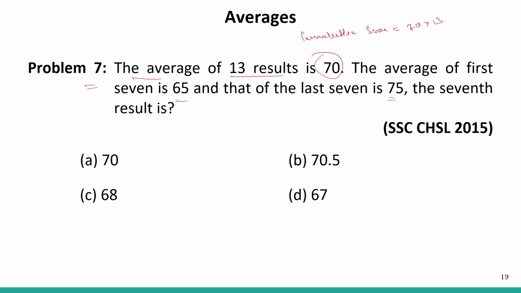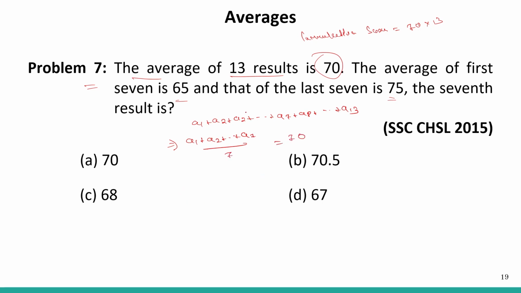So total number of, so first 7, let the terms be a1 plus a2 plus a3 plus up to a7, then plus a8 plus up to a13. This is how they are here. So this implies that given that a1 plus a2 plus up to a7 whole by 7 is equal to, given to us that it is 70.